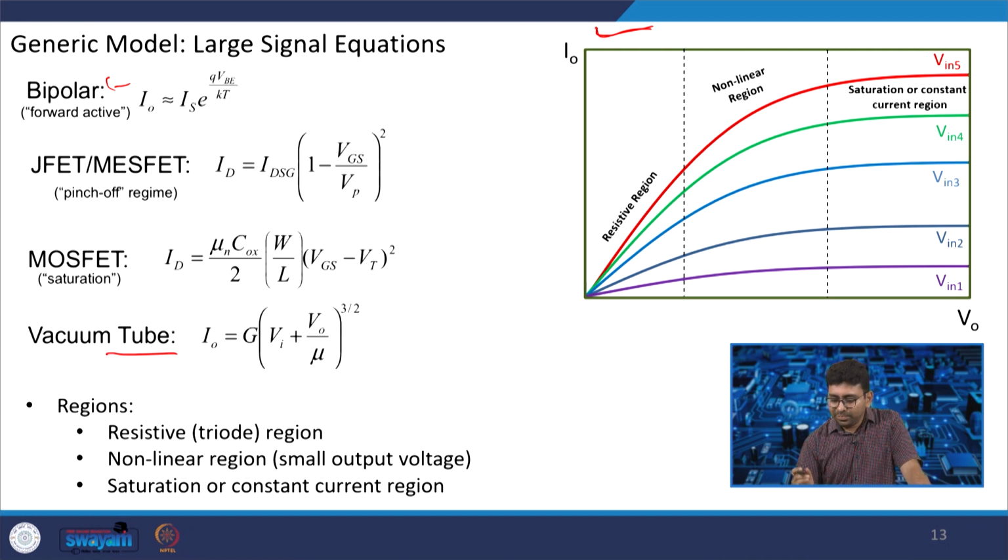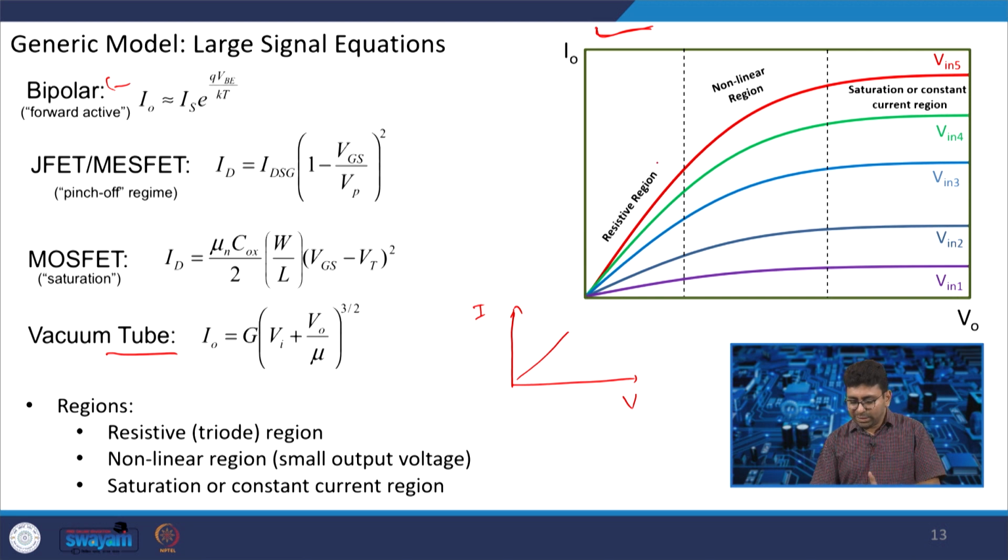Mostly it can be divided into 3 regions. We all know that if voltage and current have a linear relationship, then that is mostly resistive behavior.